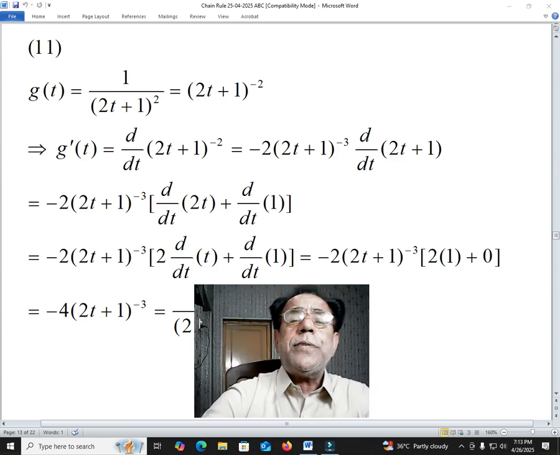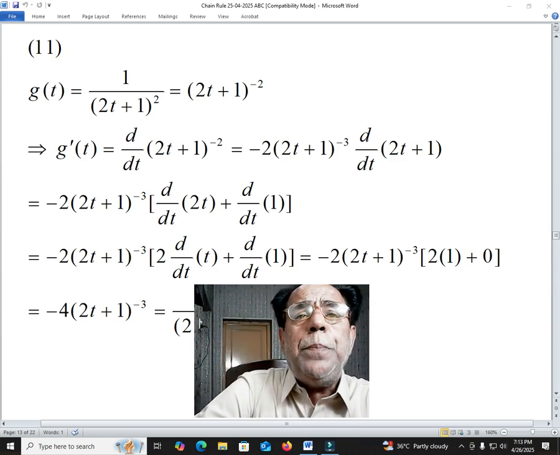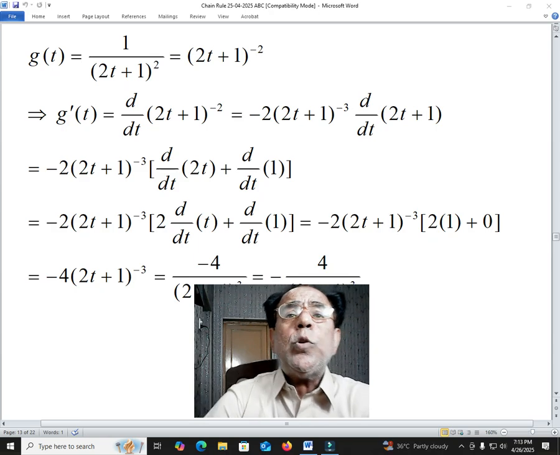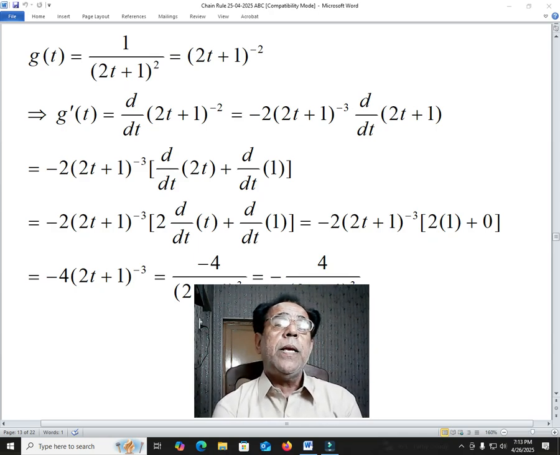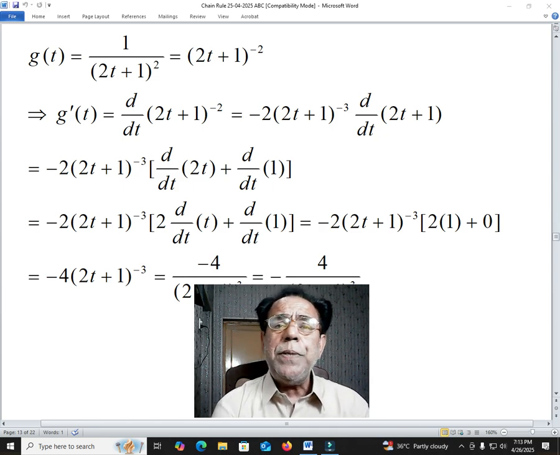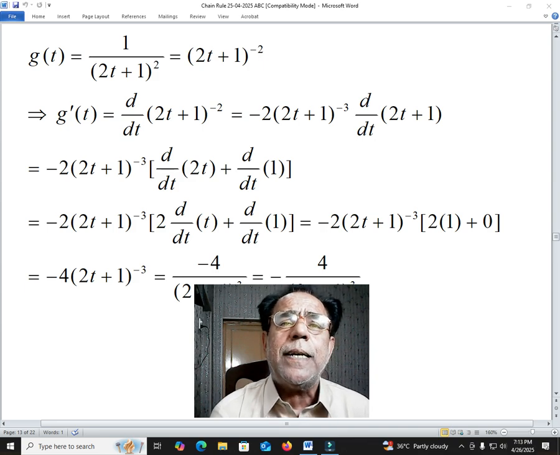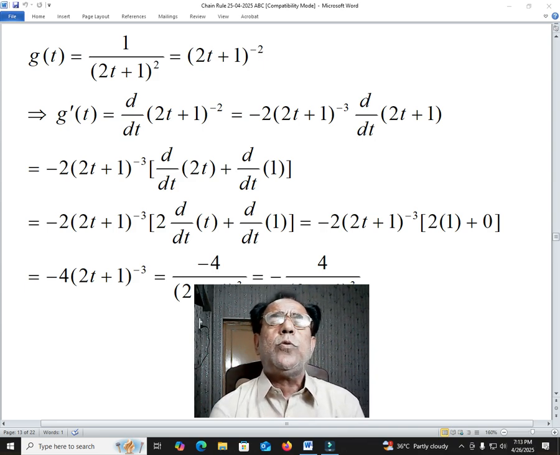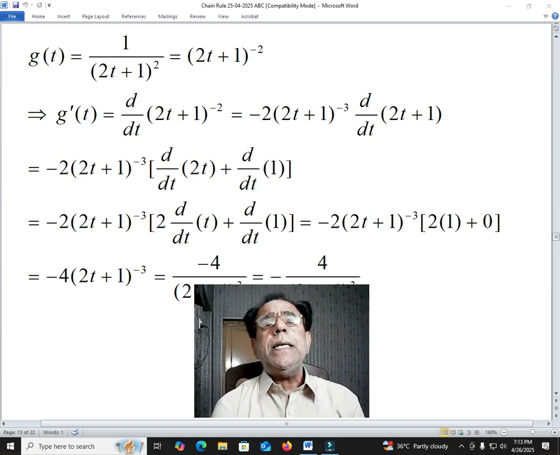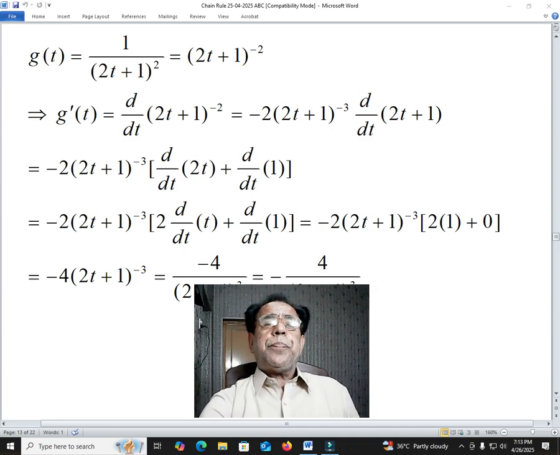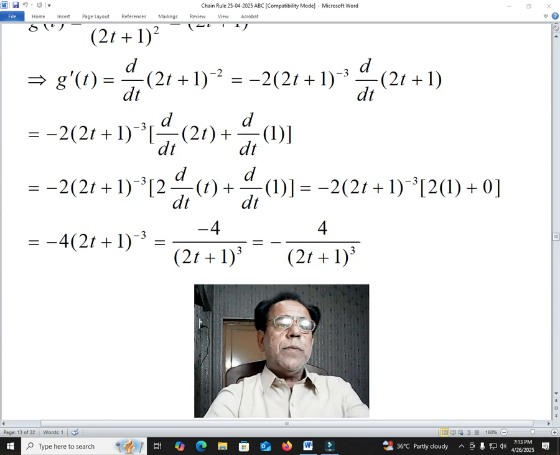Here differentiation of 2t with respect to t will become 2, while differentiation of 1 with respect to t will be 0, because 1 is a purely constant factor, it is not being multiplied with t or t square or t cube etc. So this 1 will give 0 result, while 2t will give 2 result, because the differentiation of t with respect to t will be 1, so we will get 2 into 1.